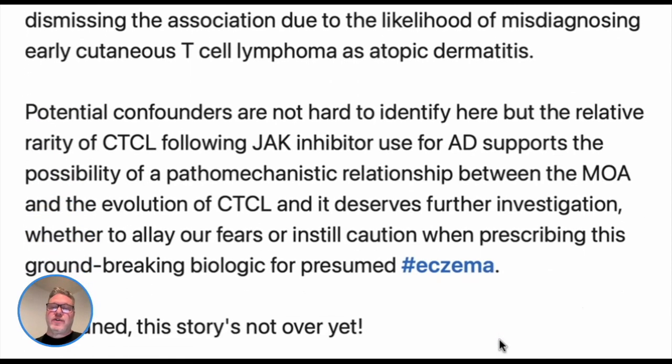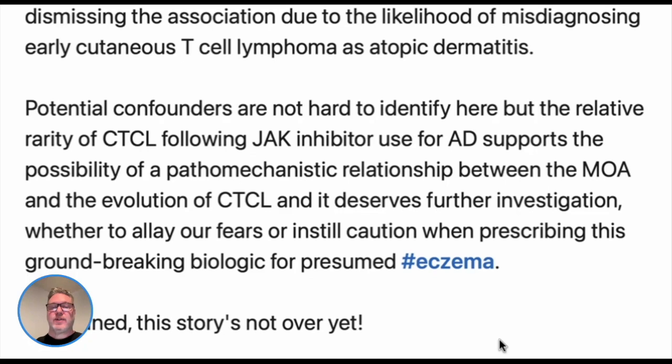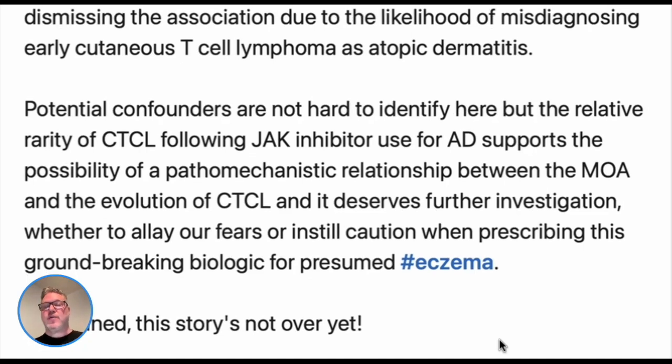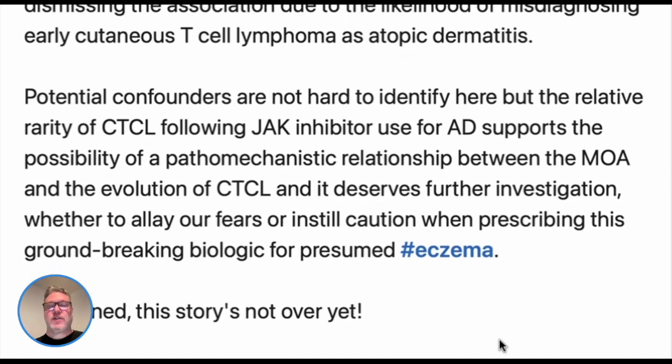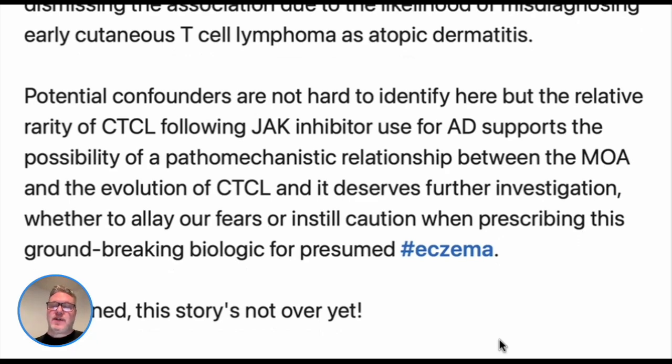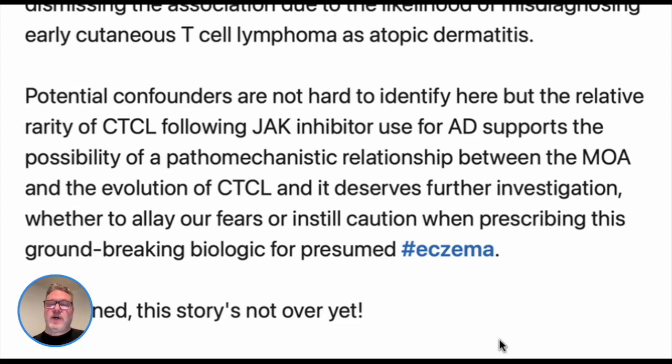Potential confounders are not hard to identify here, but the relative rarity of CTCL following JAK inhibitor use for atopic dermatitis supports the possibility of a pathomechanistic relationship between the mechanism of action and the evolution of CTCL, and it does deserve further investigation, whether that is to allay our fears or to instill further caution when prescribing this groundbreaking biologic for presumed eczema. So stay tuned, this story's not over yet.